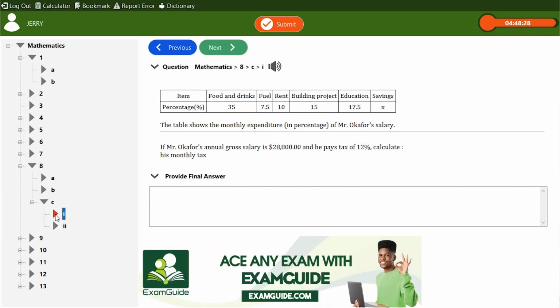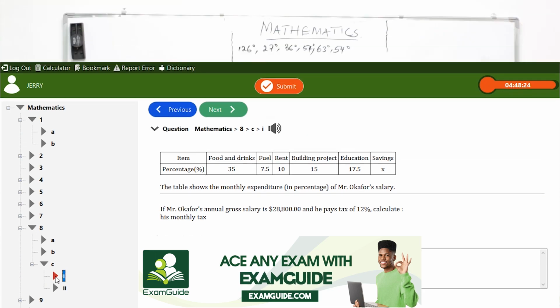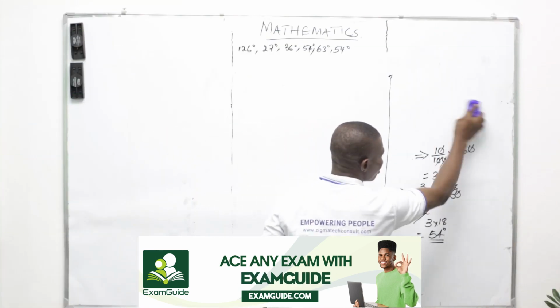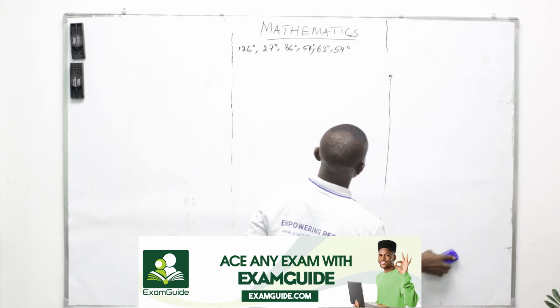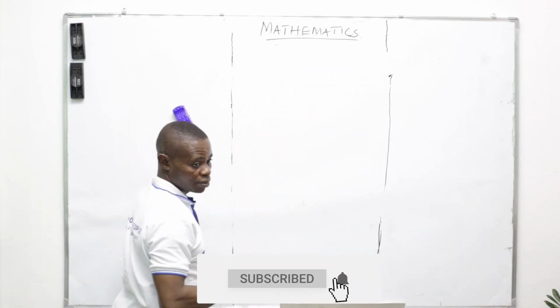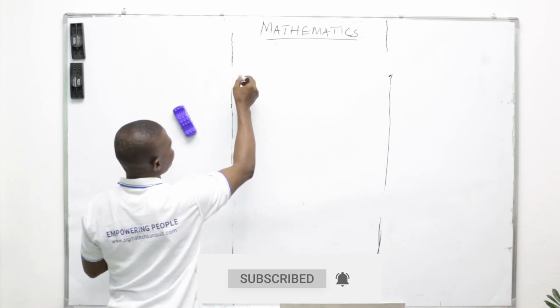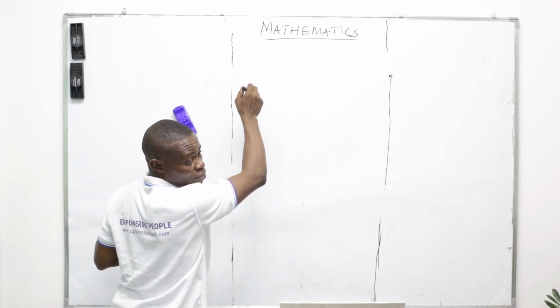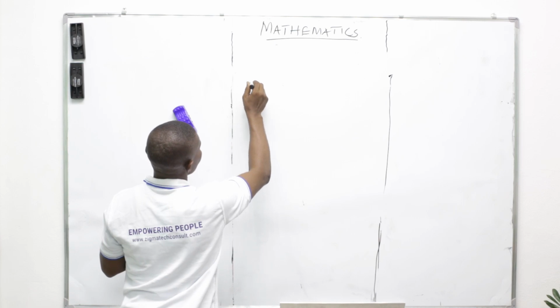Mr. Okafor's monthly tax will be, you were told 12%.